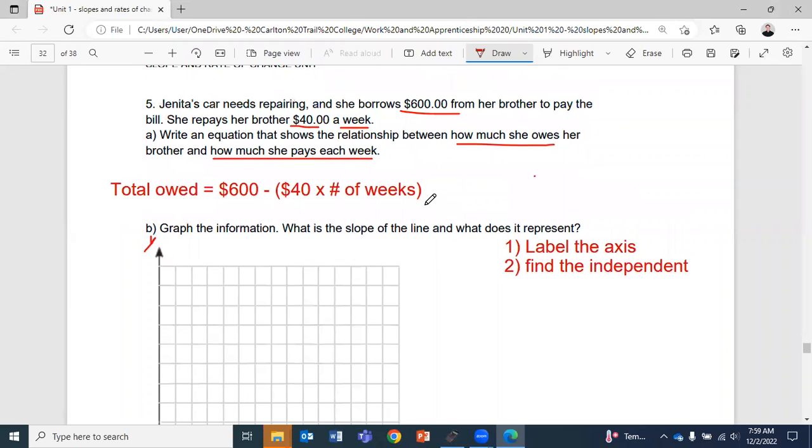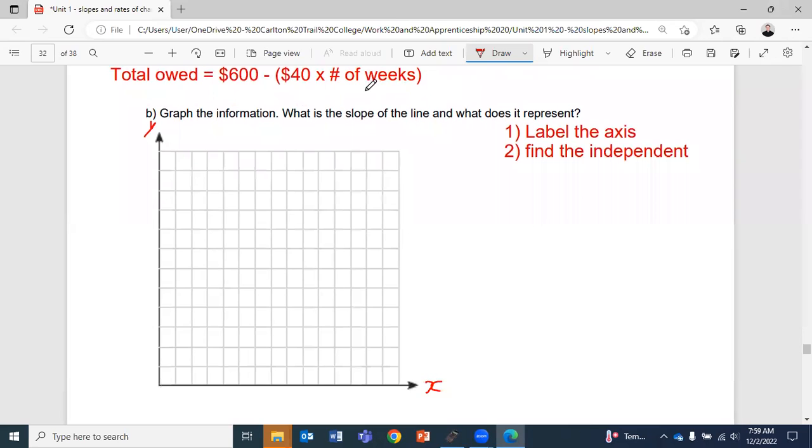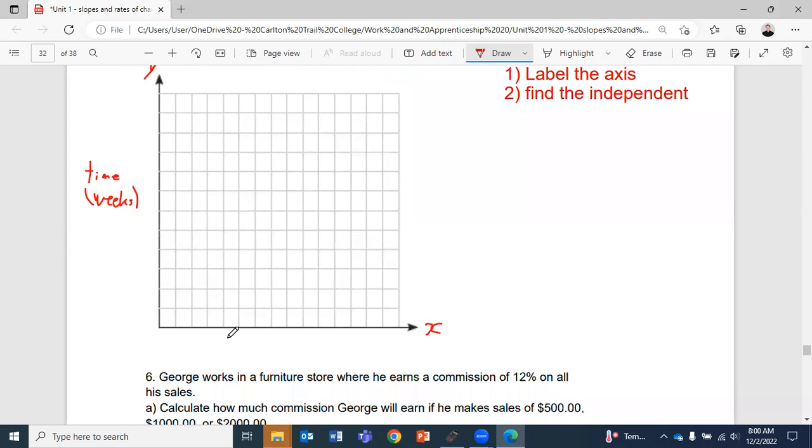So why don't we say that is going to be the number of weeks, because I can set weeks to whatever the heck I want here. So why don't we go time in weeks. That's an independent value. And then this is going to be, why don't we say this is amount owed? Frankly, you could do it either way you want. You could put the amount owed on the y-axis too, but it doesn't matter too much.